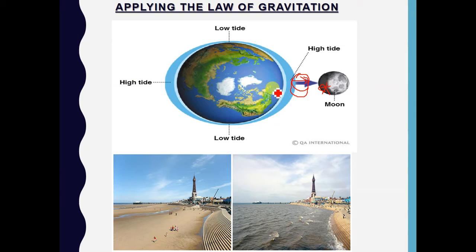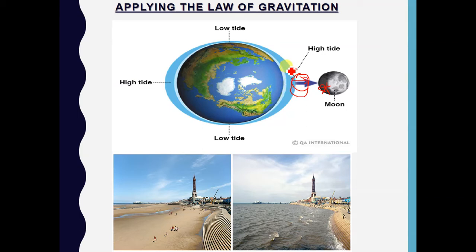This pull is not very strong, but it can cause ocean tides. Why? Because the water here on the surface of the earth will be affected by this pull, and we will have here a bulge.